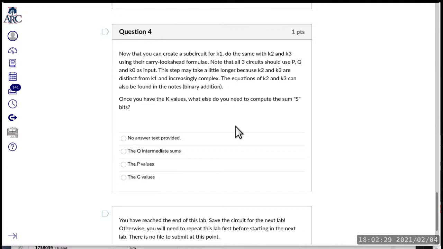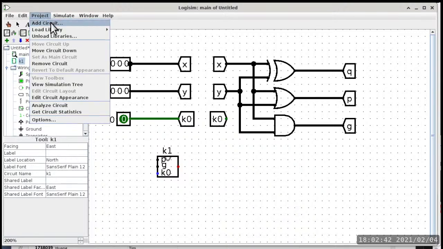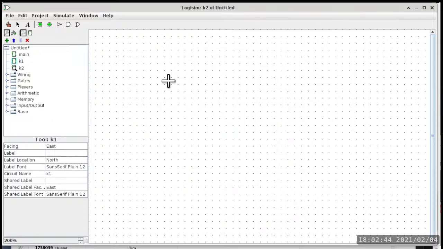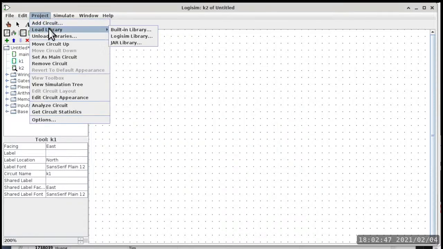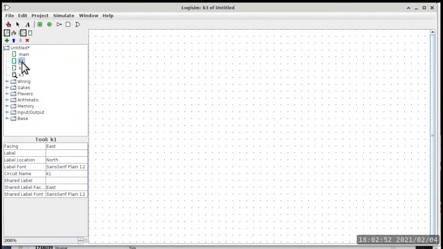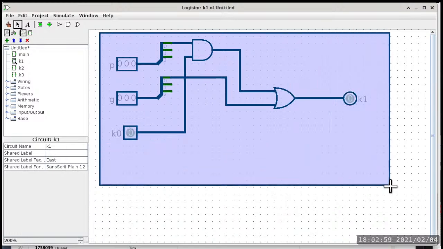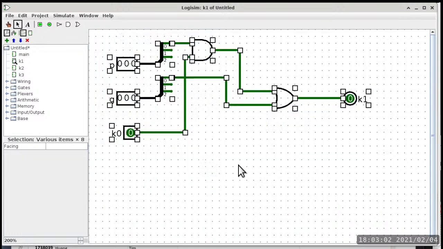All right, so between K2 and K3, it's going to be a little bit more complicated. One thing we can do, if you're lazy like I am, is create the subcircuits first. So we create a K2 and then a K3. There we go. And we go back to K1, and I am going to select this entire thing, copy it, and then go to K2 and paste it.